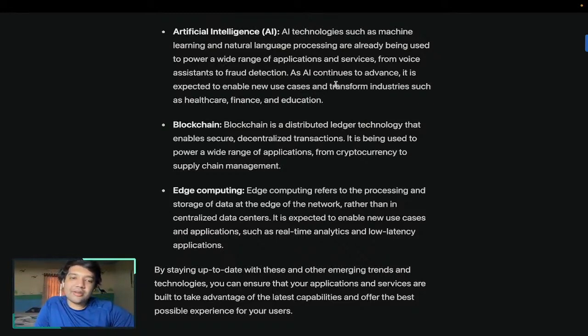Blockchain is a distributed ledger technology that ensures secure decentralized transactions. It is used to power a wide range of applications, from cryptocurrency. I don't understand the use case for blockchains, honestly. Most of the things that blockchain does can be done by normal systems and much more efficiently.